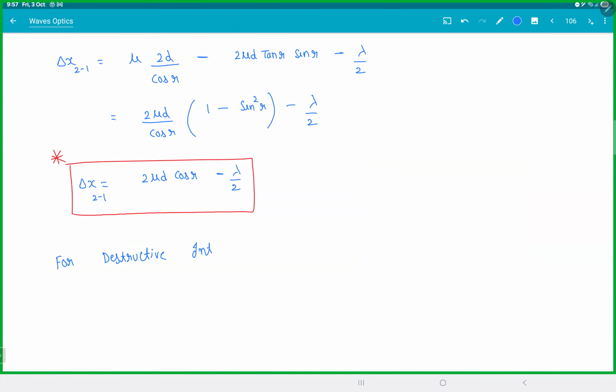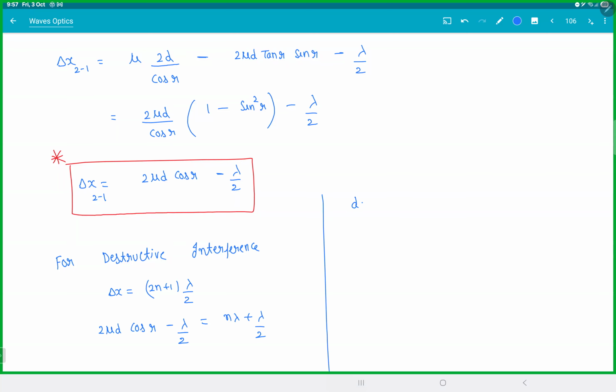Anyway, if I give you constructive interference, you'll put n lambda, big deal. So for destructive interference, delta x will be (2n plus 1) lambda by 2. So this will be 2 mu D cos R minus lambda by 2 equals n lambda plus lambda by 2.